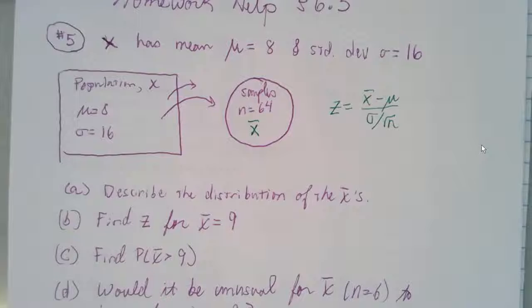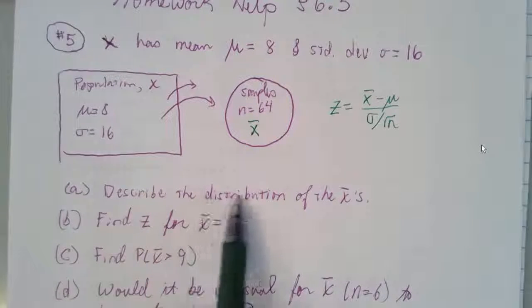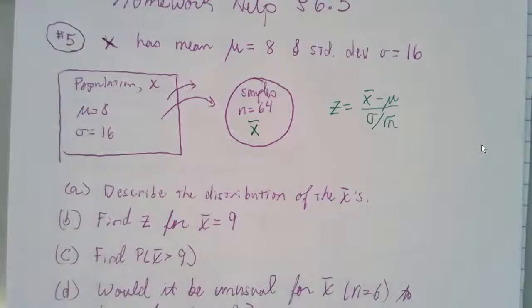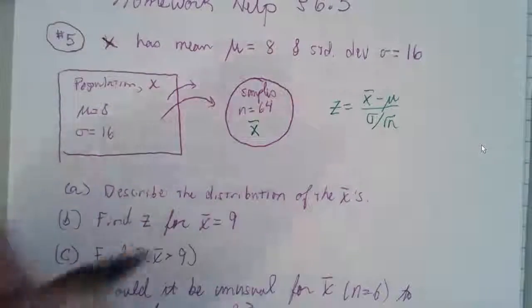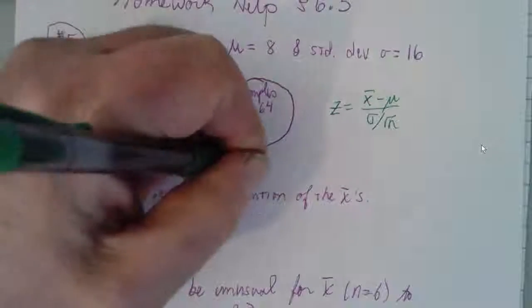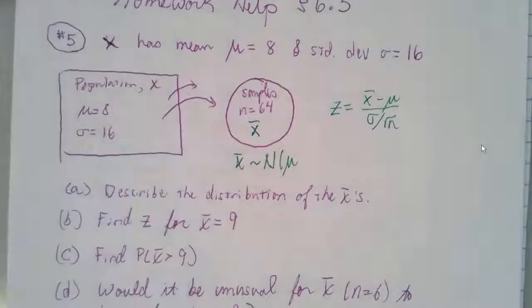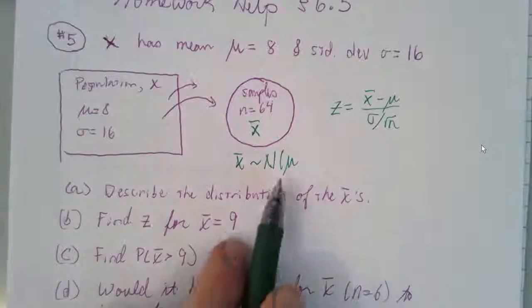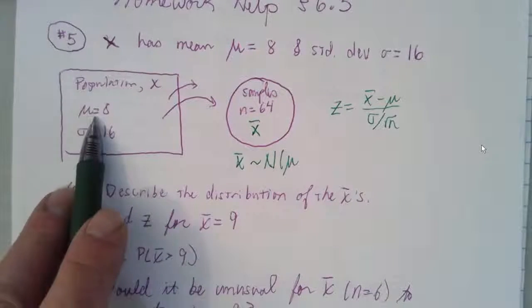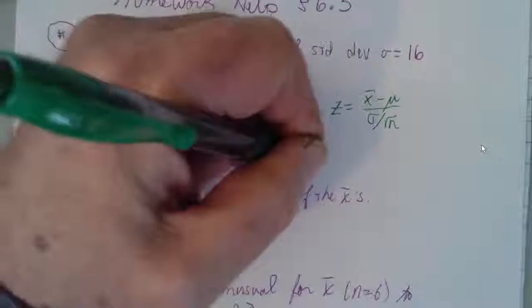And here we go. First of all, describe the distribution of the x bars. Well, these x bars are going to be approximately normally distributed. They are going to have an average value of mu, the same as the mean of the whole population.